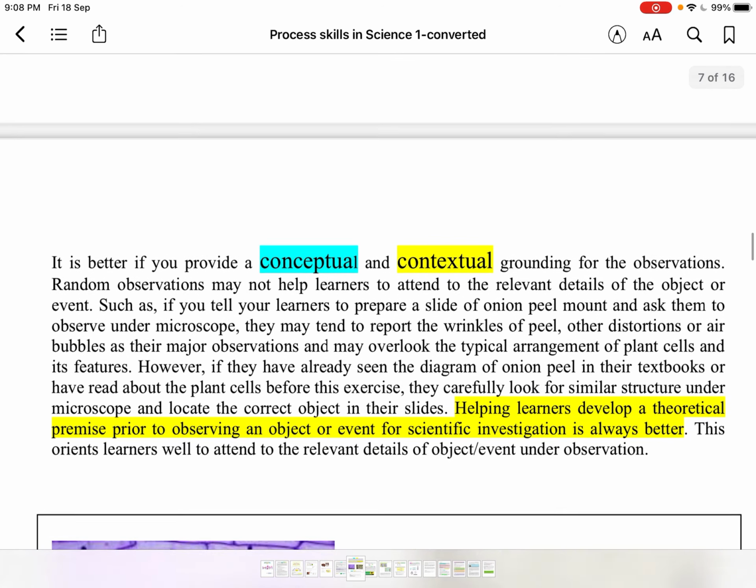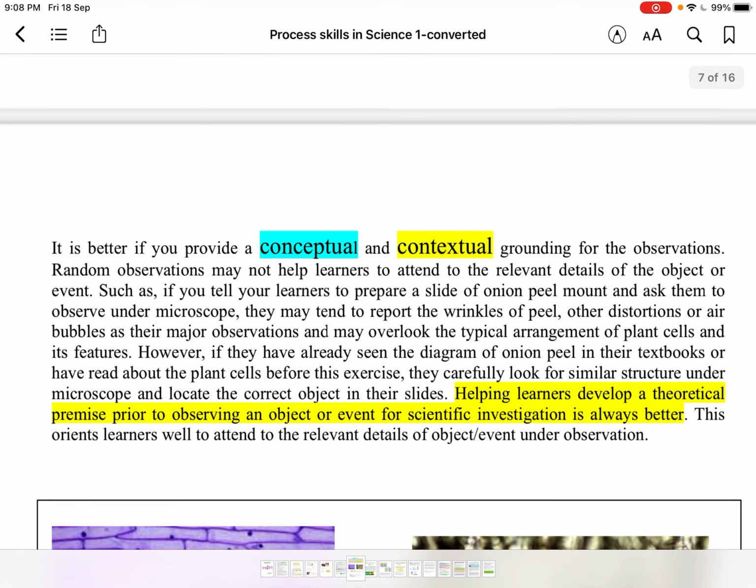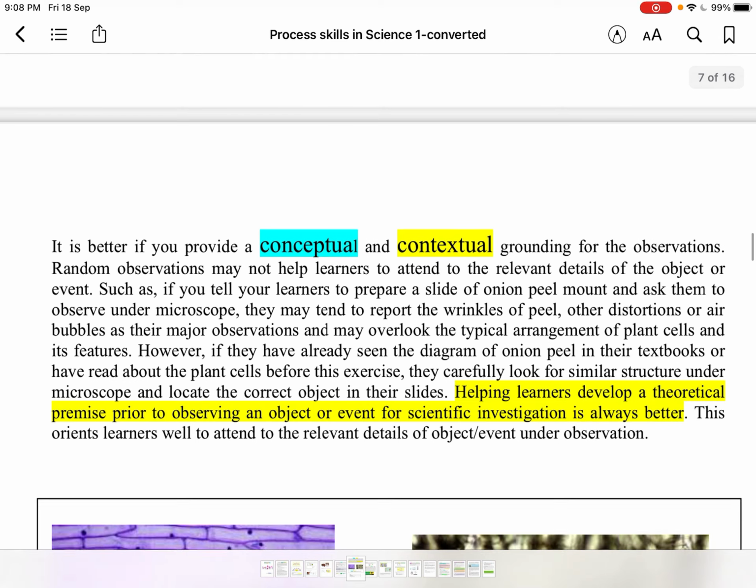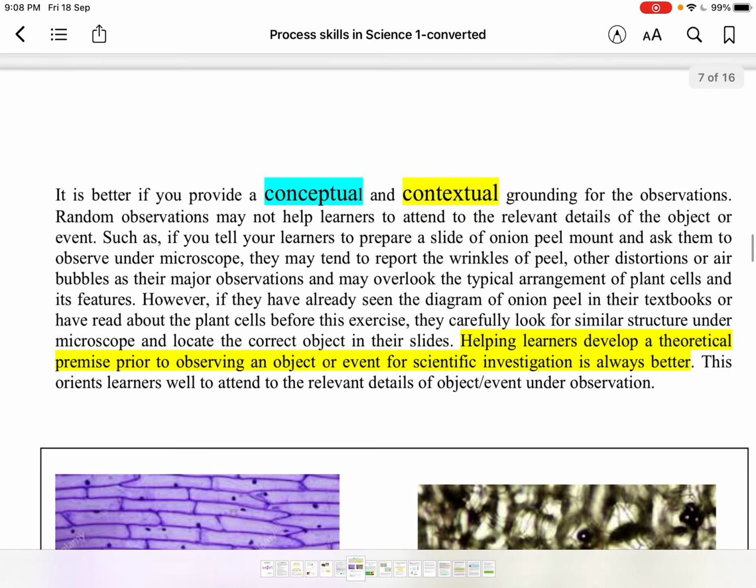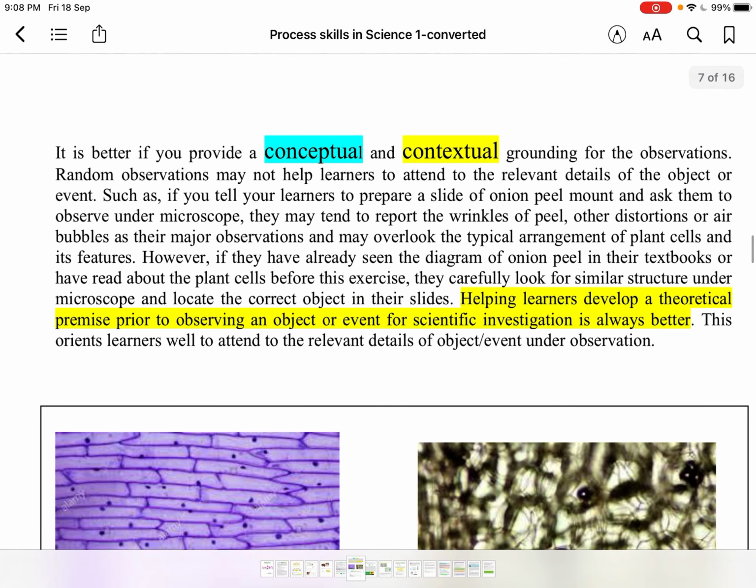Next, observation has to be based on already formulated concepts, and that observation has to be made in a certain context. That will give a better understanding.